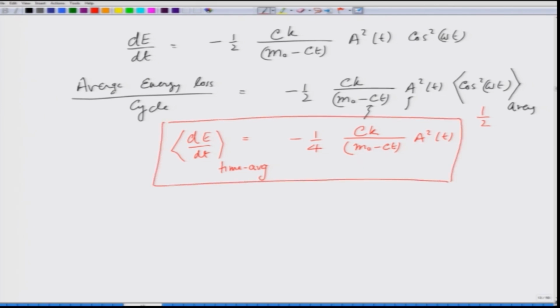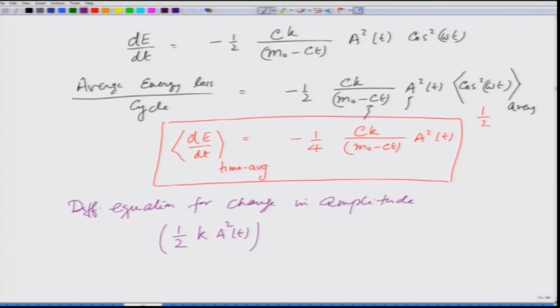So, we found the loss of the energy, and I can now make a differential equation for change in amplitude through this. How do I do that? Keep in mind that the total energy at any time is 1/2 k A t square, and if I take its d by dt, this is equal to dE dt time average.